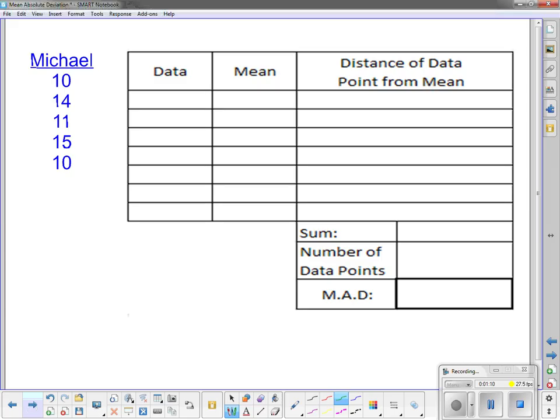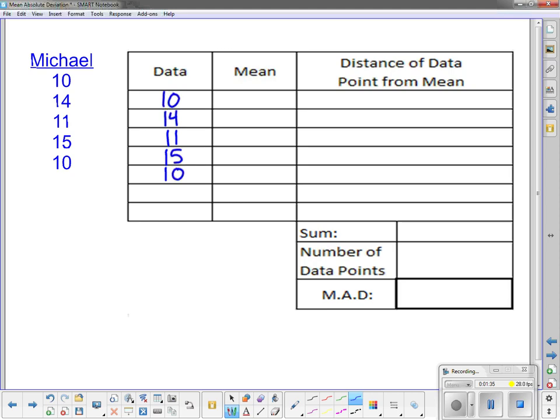To better help us make a decision, we're going to find the mean absolute deviation. To begin, we're going to place all the data from Michael's points over those 5 games into this table: 10, 14, 11, 15, and 10. And then I'm going to find the mean of that data.